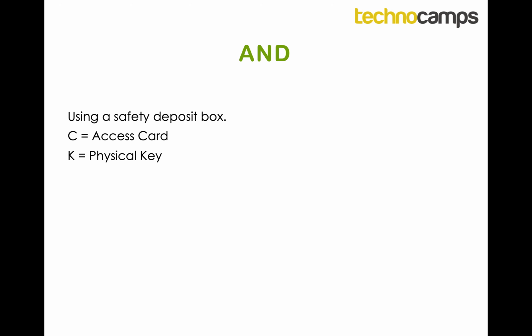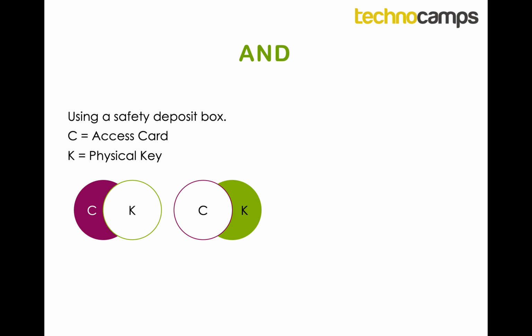Given that we have two of these inputs, let's see again what options you have. I can have just the card, but not the key. That means I can enter the room, but can I actually open a safety deposit box? I can't. And then I can have just the key. I forgot my card, so I don't have access to the room, but I snuck the key from someone.